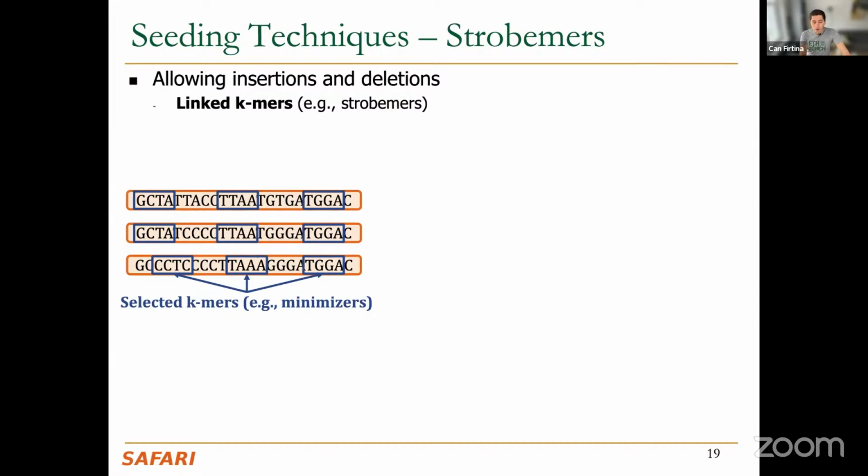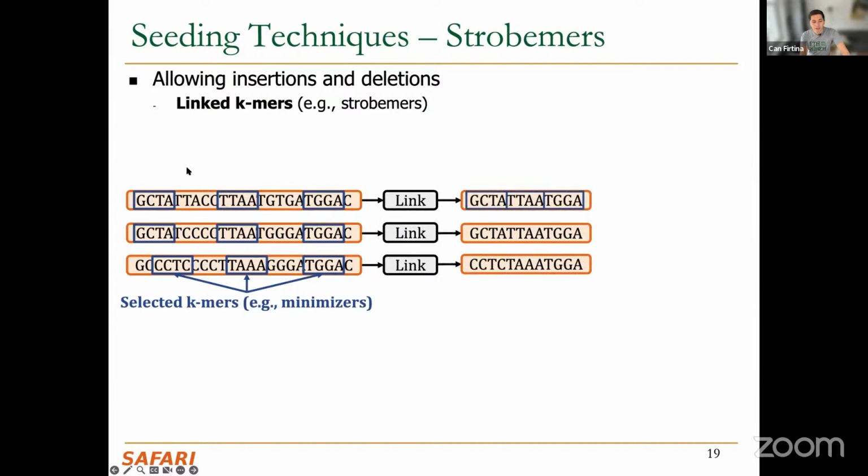So if you want to tolerate these insertions and deletions that may happen between similar sequences, what we could do is first identify the minimizers within each sequence, and then consider only these minimizers and link them, right? This means that you ignore whatever is in between these minimizers, and just link them together as a single sequence.